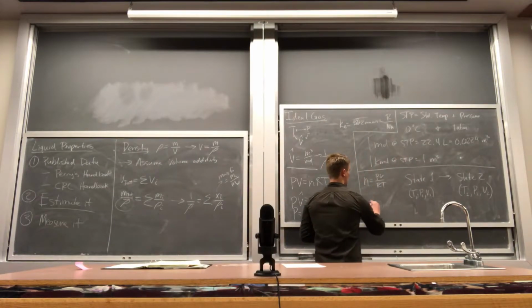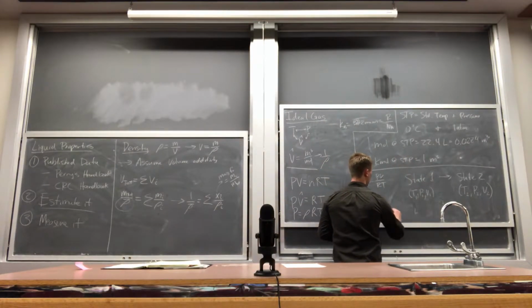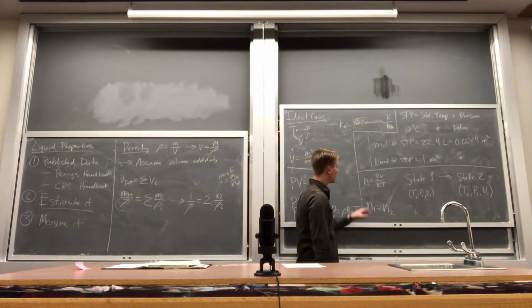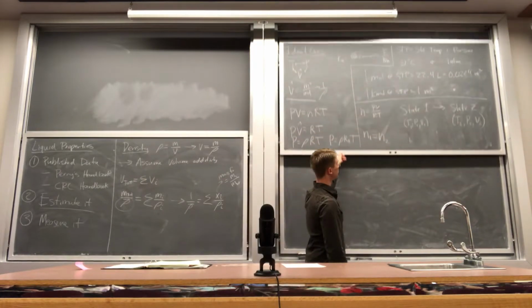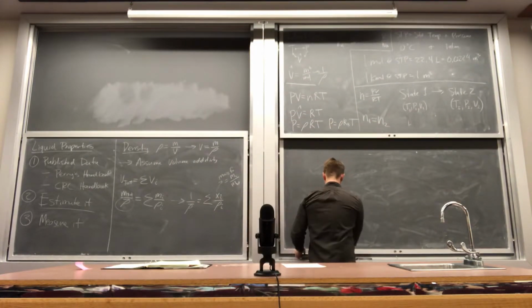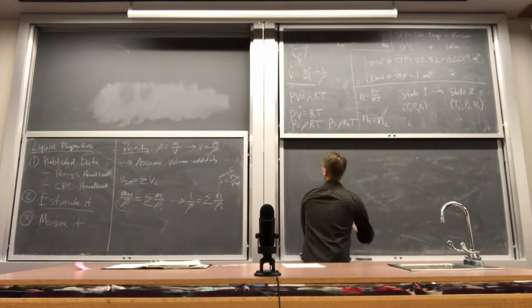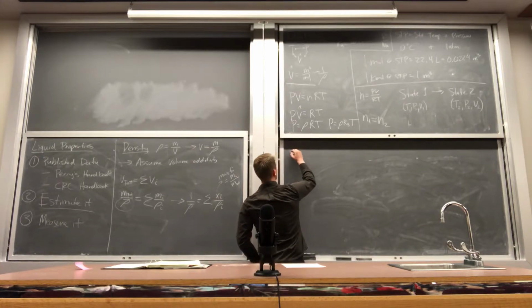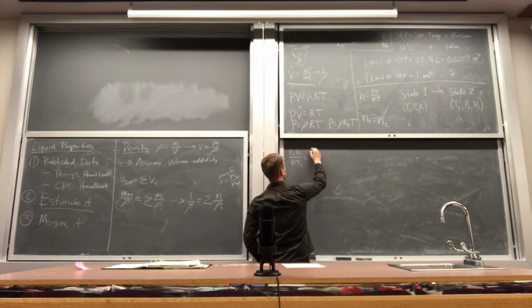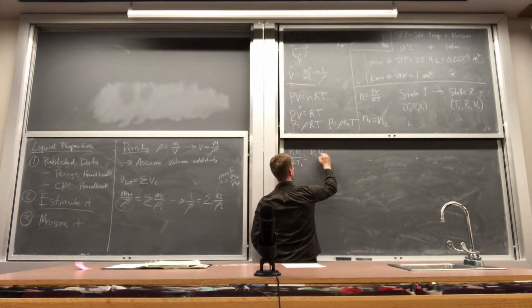N1 is going to be equal to N2. So we can use our rearranged ideal gas law, and simply rewrite this as P1 V1 over R T1 is equal to P2 V2 over R T2.